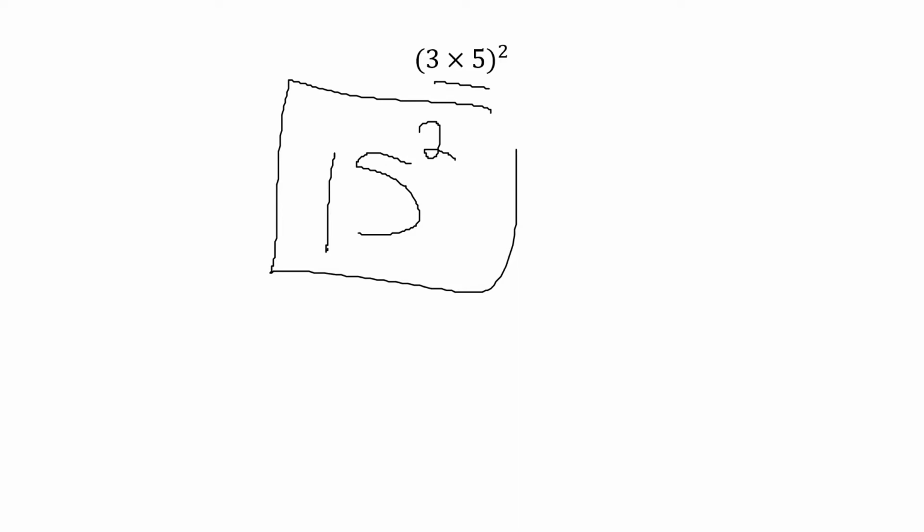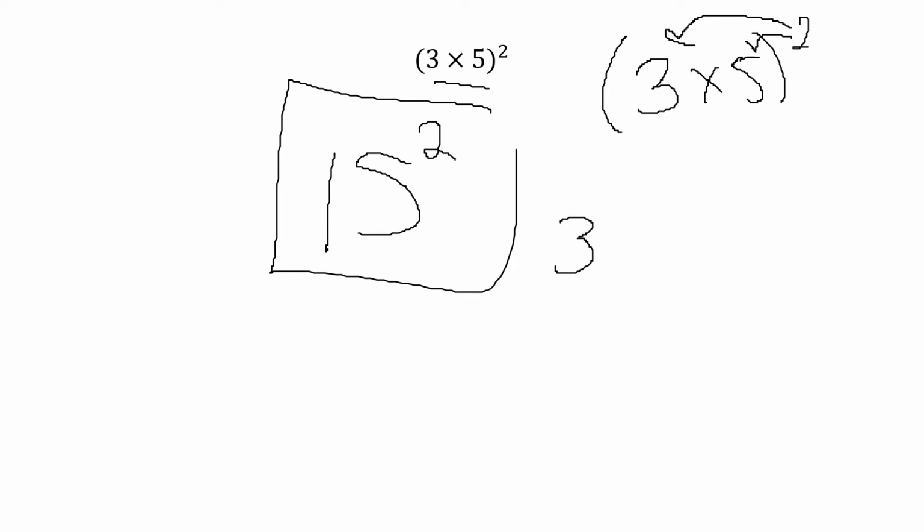I will go ahead and just show you the way the textbook wants you to do it. It wants you to put this 2 with each thing, 3 squared times 5 squared, which is 15 squared. It's the same thing, okay? So don't do it that way, because that's 2 steps versus just multiplying and being done. Just solve inside your parentheses first.